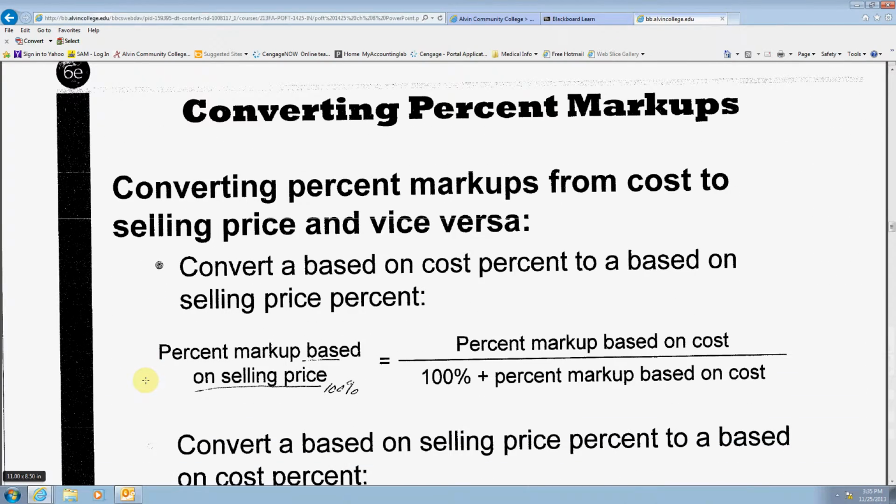Next section is converting percent markups, converting percent markups from cost to selling price and vice versa. To convert a based on cost percent to a based on selling price percent, you'll take the percent markup based on cost and add 100% to the percent markup based on cost.